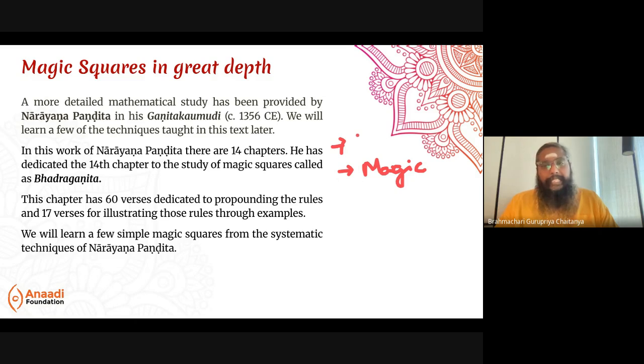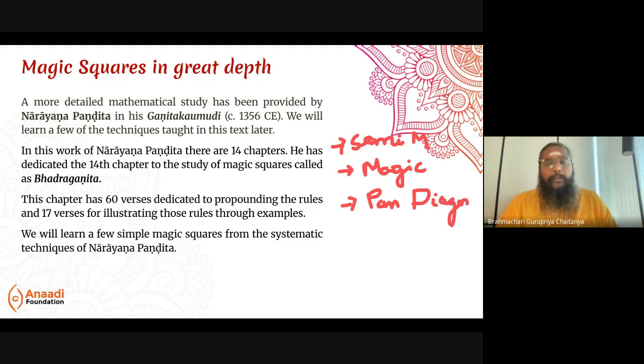Then there is something called semi-magic, and then there is the pan-diagonal. Pan-diagonal is of the higher order, tougher to build such magic squares.